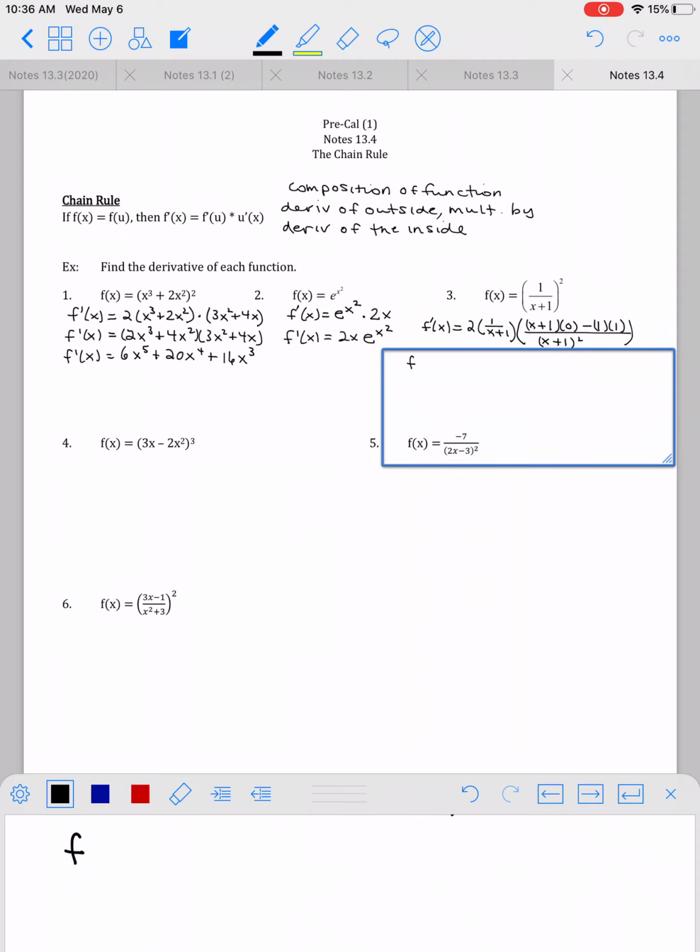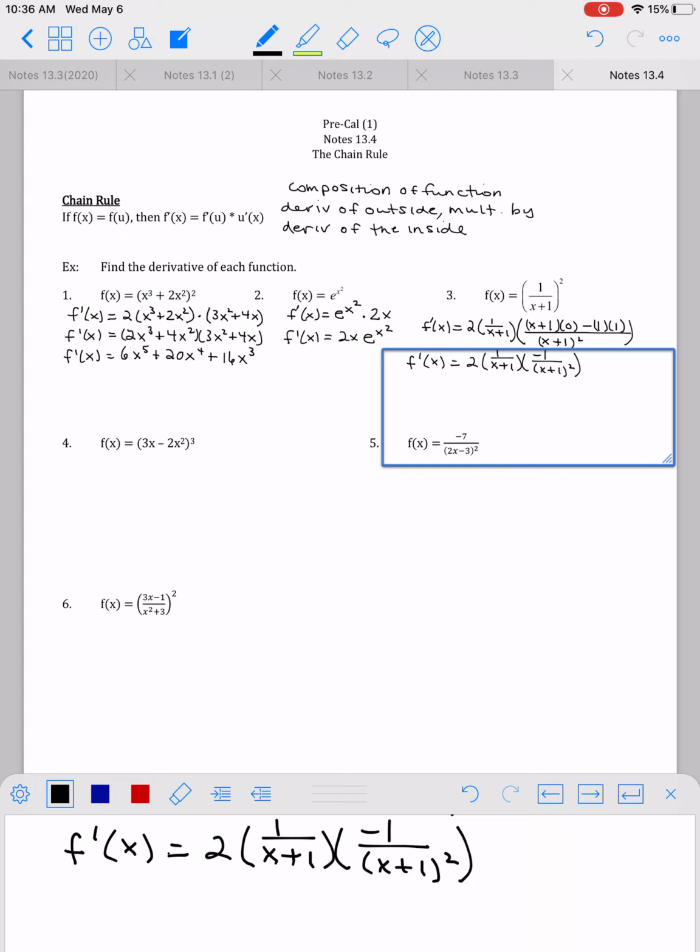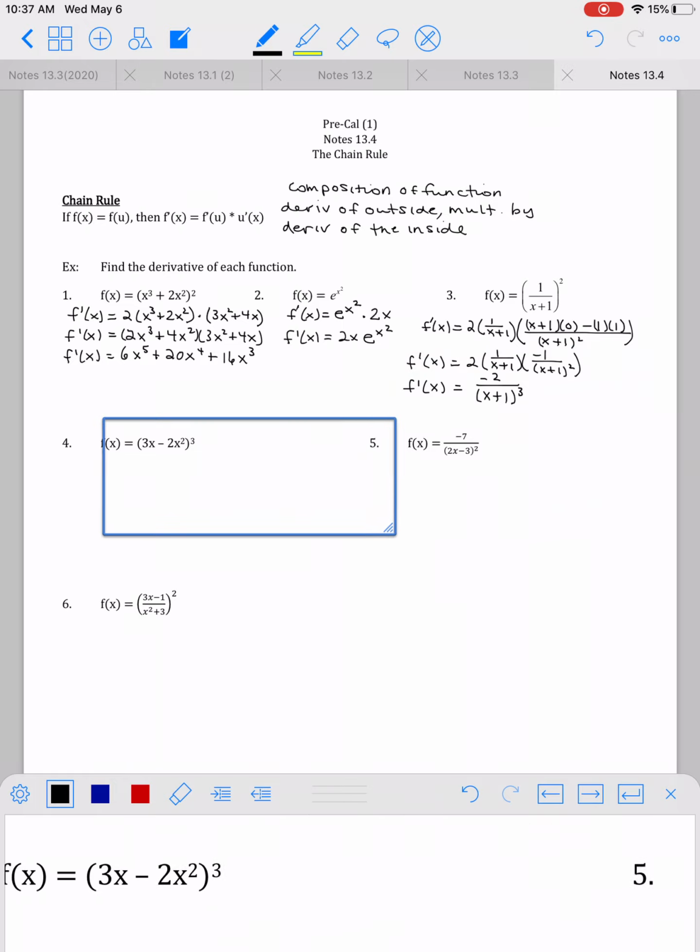So f prime of x, 2 quantity 1 over x plus 1, and then we'll simplify in here. We get a negative 1 over x plus 1 quantity squared, like that. And then putting it all together, our derivative is negative 2 over x plus 1 quantity cubed. And that takes care of our derivative there. So again, the outside was the exponent, and then the inside was the quotient rule.